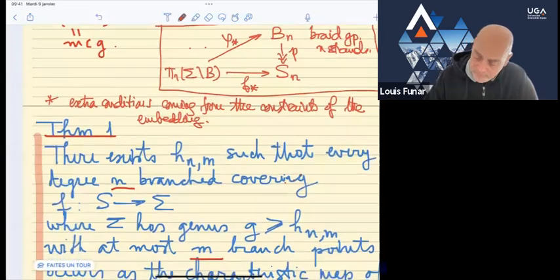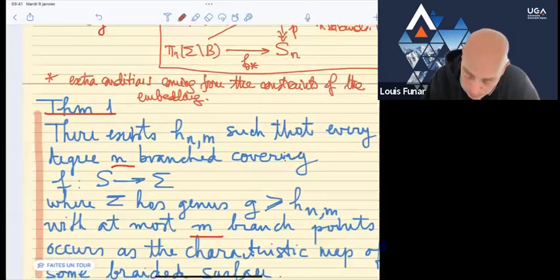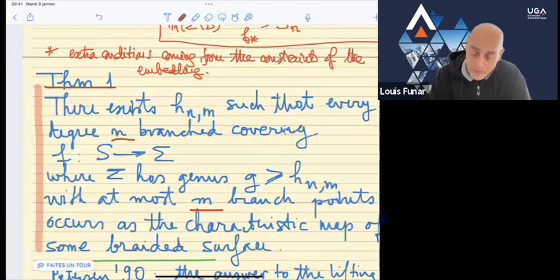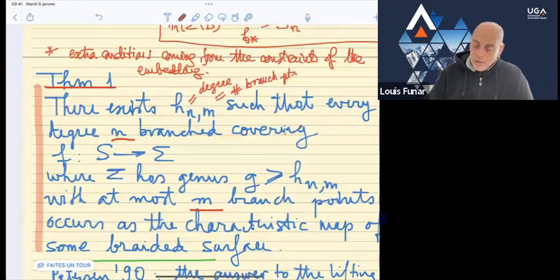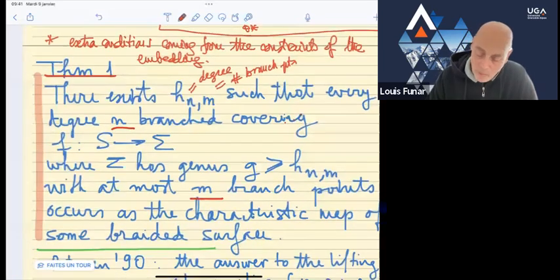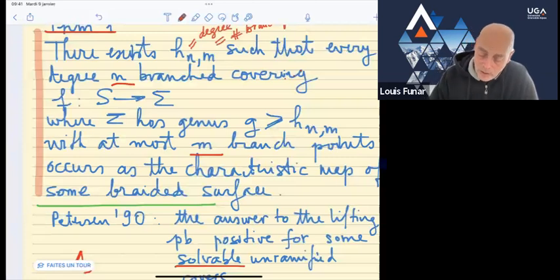So the first theorem, I'll try then to give the main ideas of the proof, is that there exists some h which depends on n and m. n is the degree, and m is the number of branch points, such that for any degree n branched covering to sigma, where sigma has genus at least h of n and m, with at most m branch points, they occur as a characteristic map of some braided surfaces.